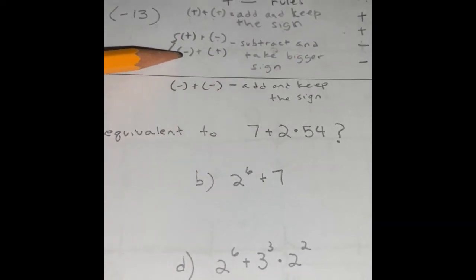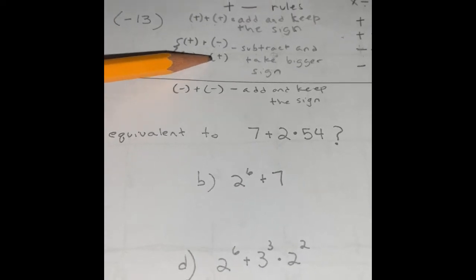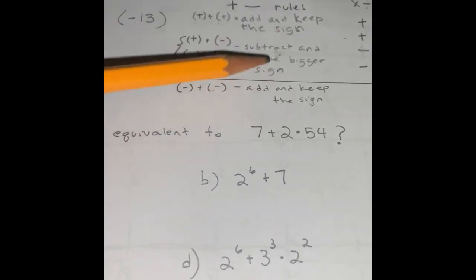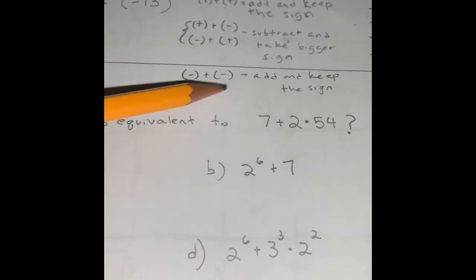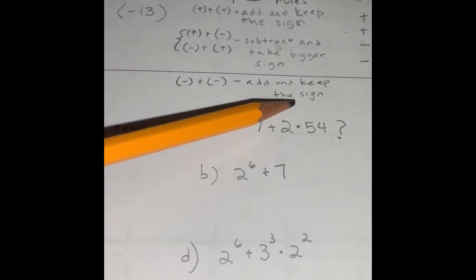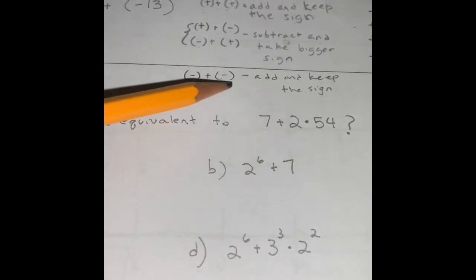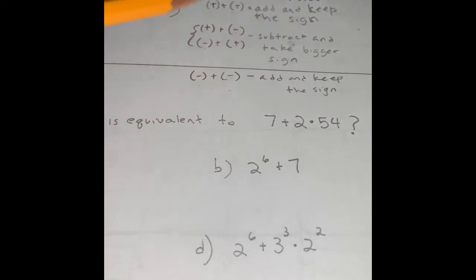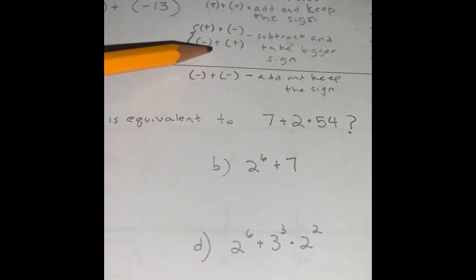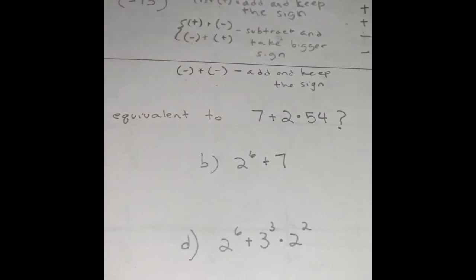Same thing if we reversed it and did a negative plus a positive, we would subtract the numbers and take the bigger sign. And lastly, if we had a negative plus a negative, we would add them together and keep the sign. So if they're the same, negative and negative, positive and positive, we would add them together. If they're different, positive, negative, negative, positive, we would subtract them.